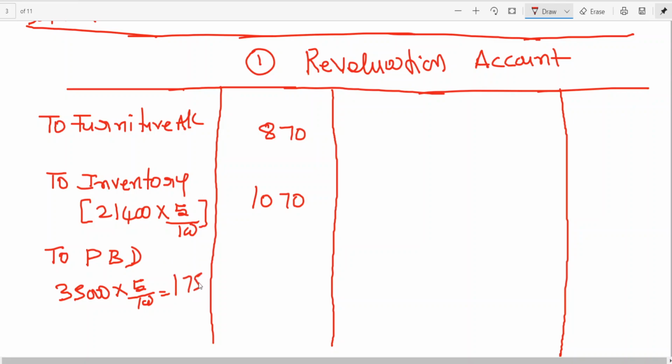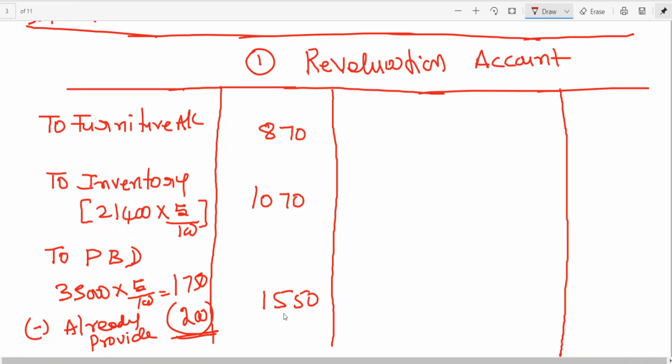You need to actually create 1750, but less already provided, which was given in the balance sheet. Already provided is how much? You can see 200 rupees. So 1750 you are supposed to create, but how much has already been provided? 200. So what is the balance to be provided? 1550. The next adjustment.